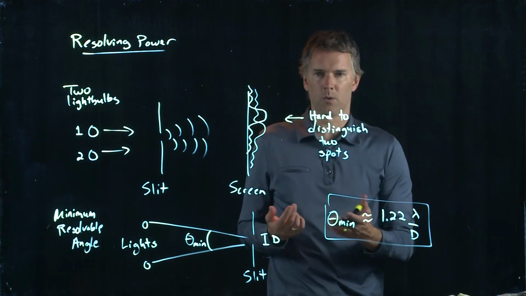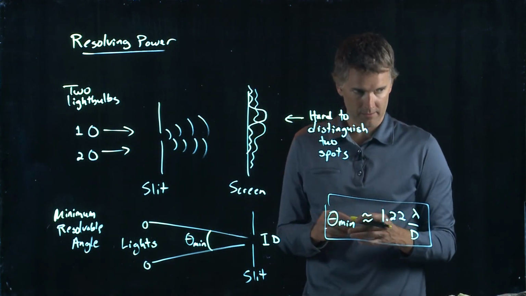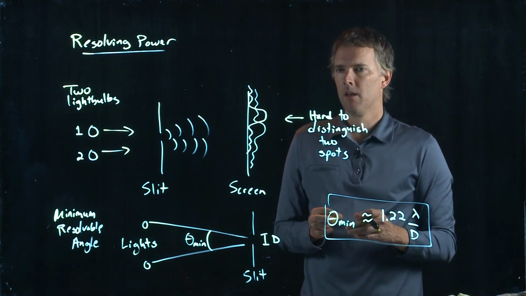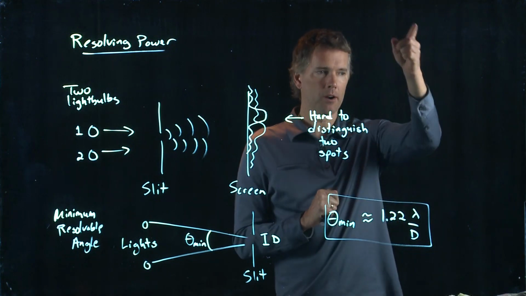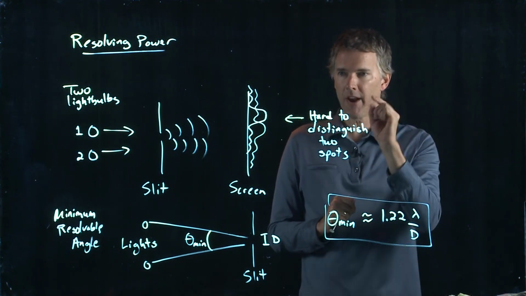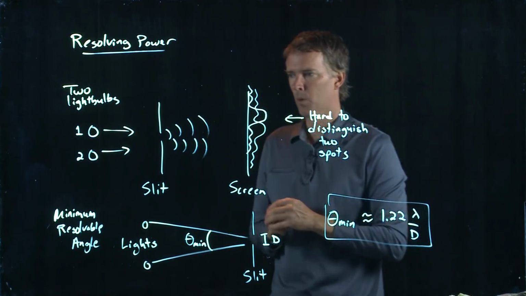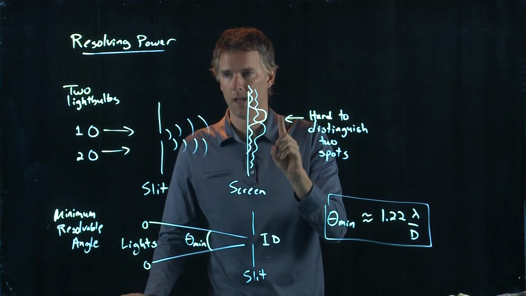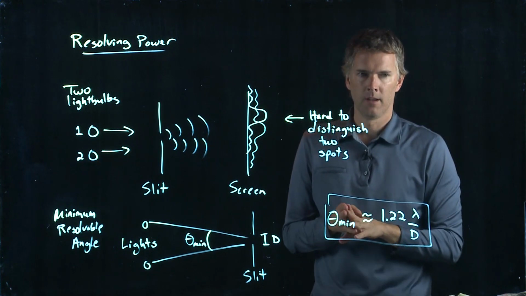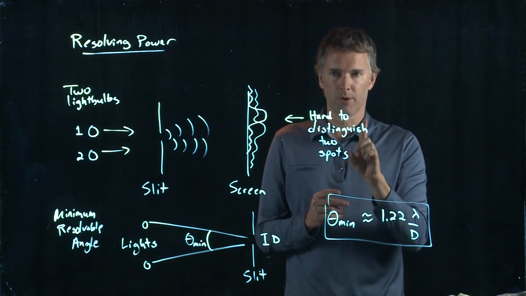So let's go back to the question. Why do you guys care about this stuff? Okay. When you're driving down the freeway and you see a car coming the other way and they're very far away, what do you see? Do you see two headlights or do you see one headlight? You see one headlight when they're very far away.